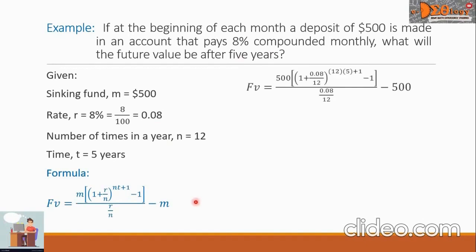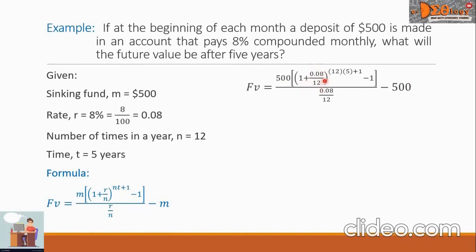In our formula, the M is found in two places, which is here, where the M is changed now into 500, and also in here. And then the constant one we copied, plus the fraction R over N. So we have 0.08 over 12.